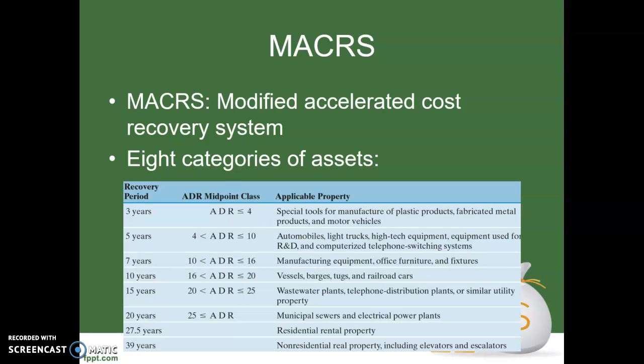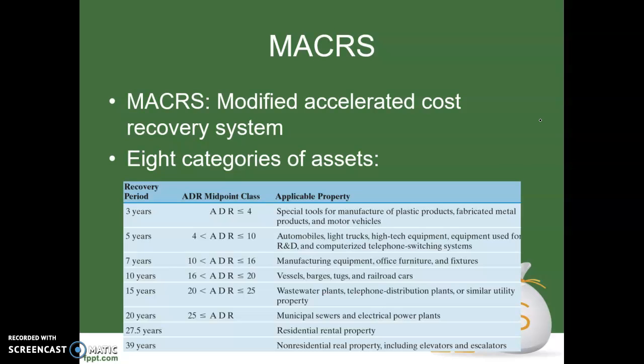As I said, MACRS stands for Modified Accelerated Cost Recovery System. The first thing you need to do when using this table is to determine the lifespan or recovery period of the asset that you're trying to depreciate. There are various categories of equipment or assets.